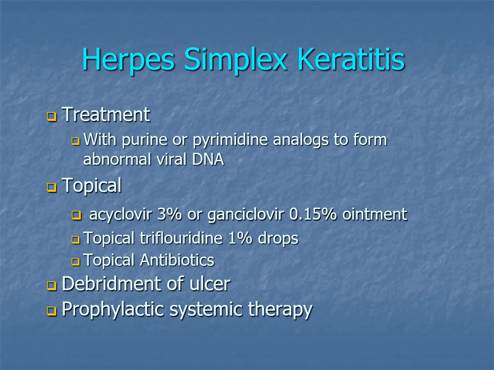So what is the treatment of herpes simplex keratitis? We institute purine or pyrimidine analogs to form abnormal viral DNA, so the replication of the virus is halted.